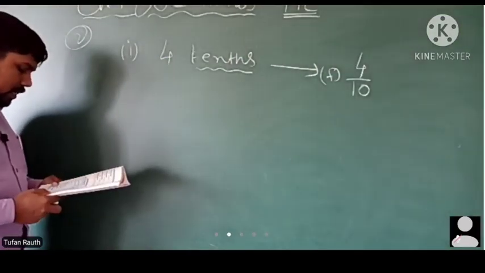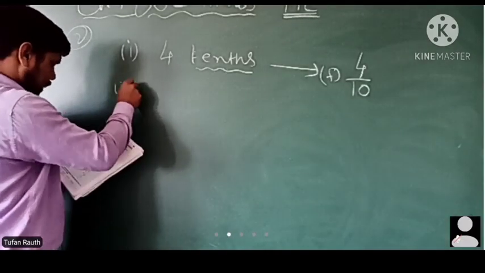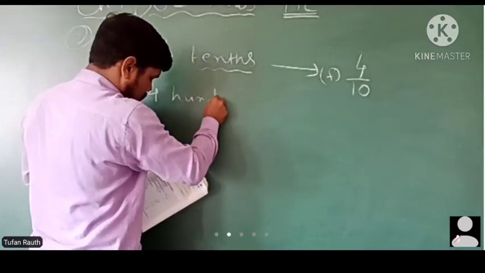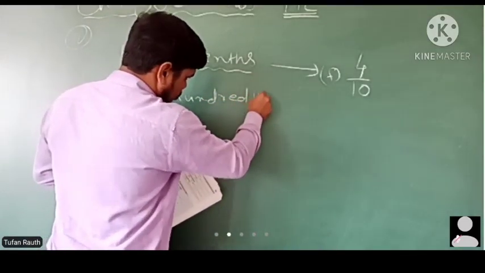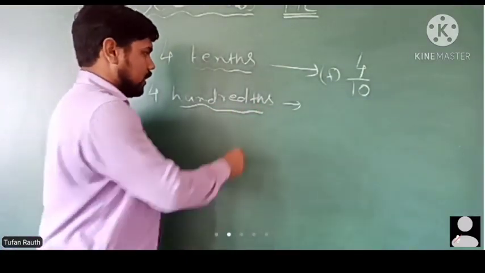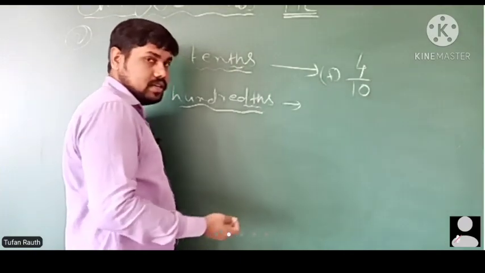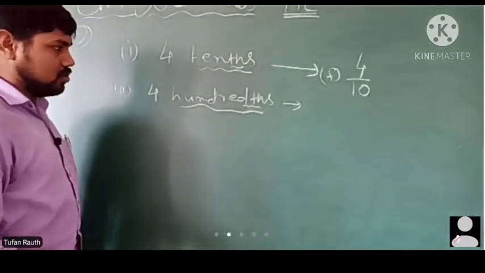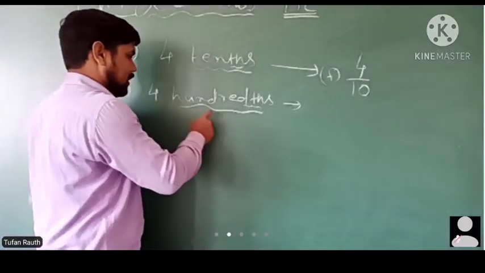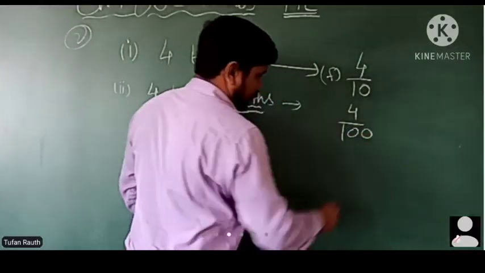Next, the second one asks for 4 hundredths. Hundredths means divide by 100. Here, because 'th' is there, it means that number divided by tenths, hundredths, or thousandths, whatever it is asking. So 4 hundredths means 4/100.